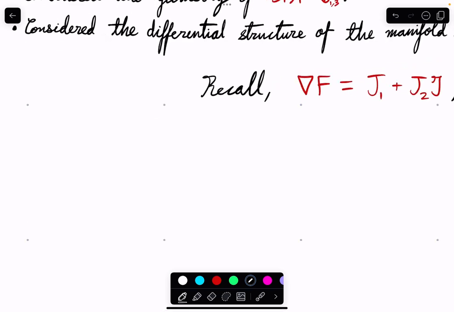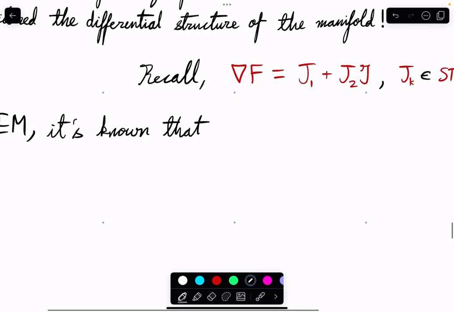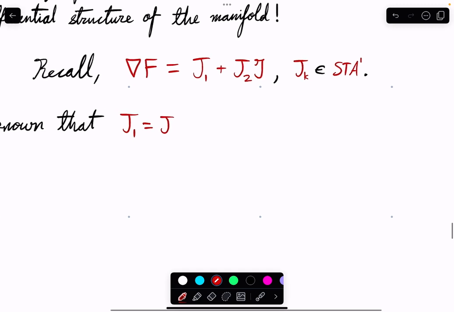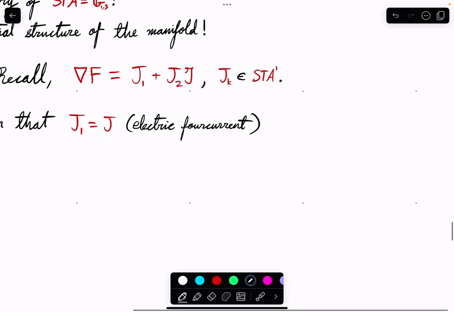So the really cool thing about this is that in electromagnetism, it is known that J1 here, this first complex vector, is just equal to the electric current J, the electric four-current J, and that J2 is equal to 0.